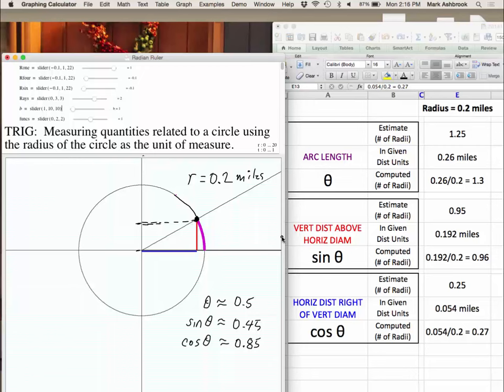Multiply or divide? Multiply. This is 0.2 miles, so we want 85% of 0.2. You've got to see that that's multiplied. So it's going to be 0.2 cosine theta that would give us that in miles.